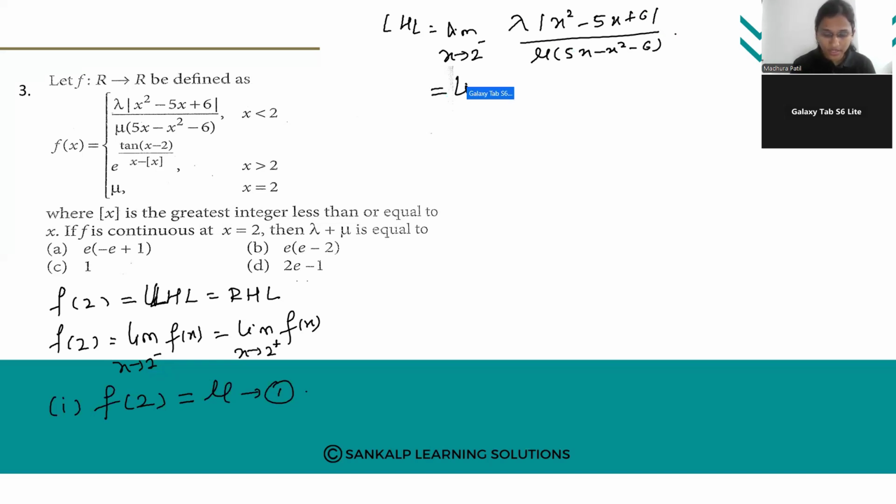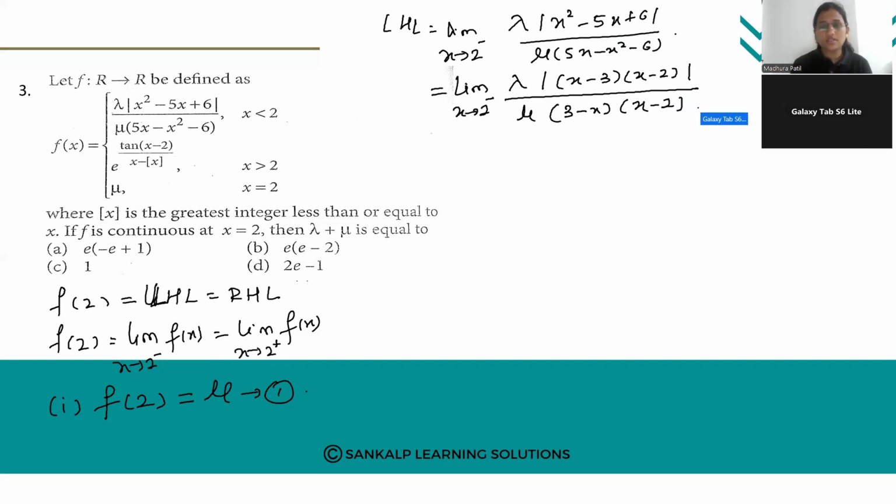Taking the factors, the numerator is x minus 3 into x minus 2, and in the denominator we have mu into 3 minus x into x minus 2.